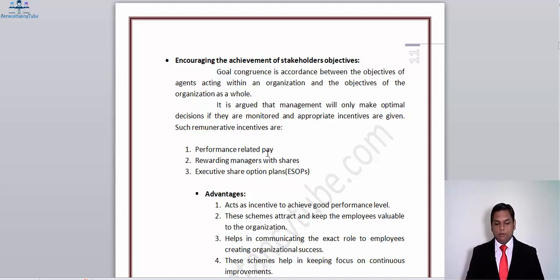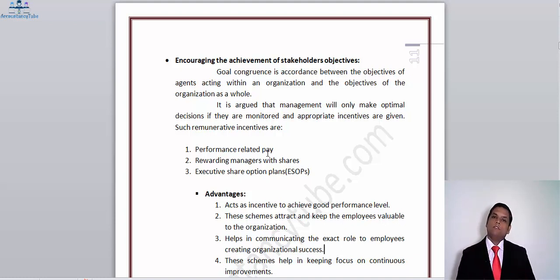After that, we have rewarding managers with shares. This is perhaps the most widely exercised practice in senior management. Organizations reward senior management, other than the directors, with shares.